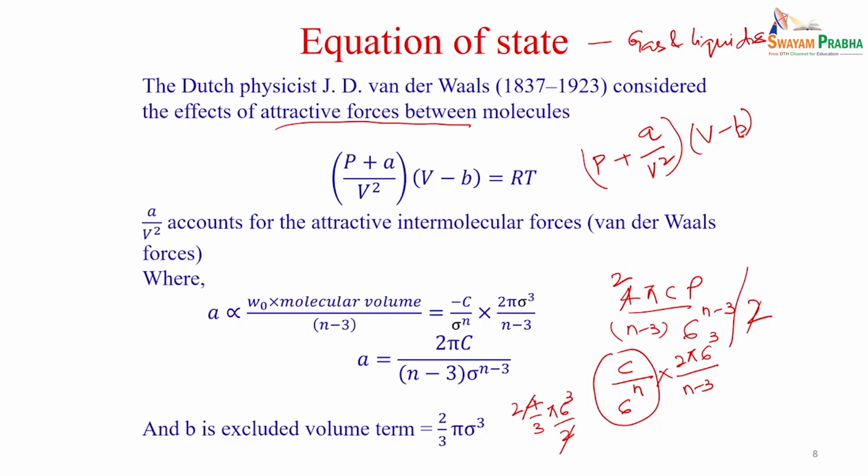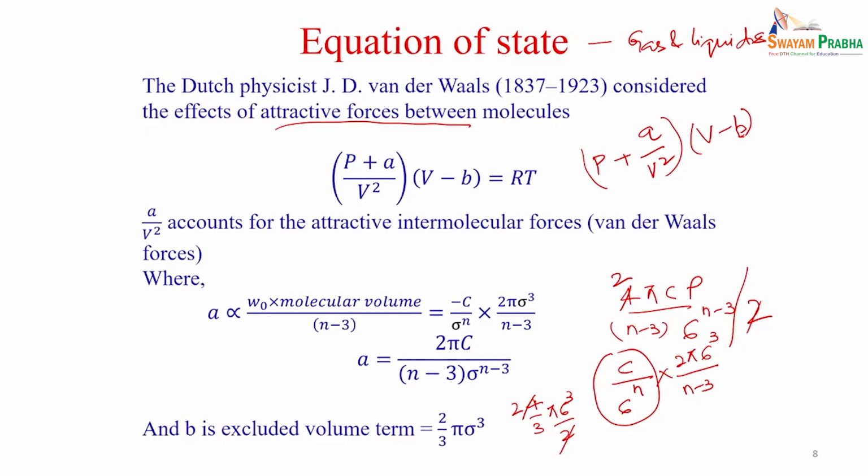The gas law only considers the repulsive intermolecular forces, but the equation of state considers both attractive as well as repulsive intermolecular forces. So, term A is the correction for the attractive forces, and B is the correction for the repulsive interactions.